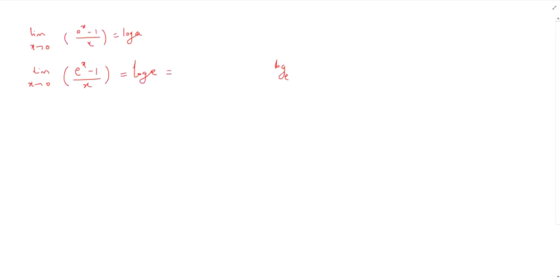So log of e to the base e is equal to 1. You have learned in the logarithm chapter that if the term and the base of the log are the same, then the result is a standard result equal to 1, which is very natural.